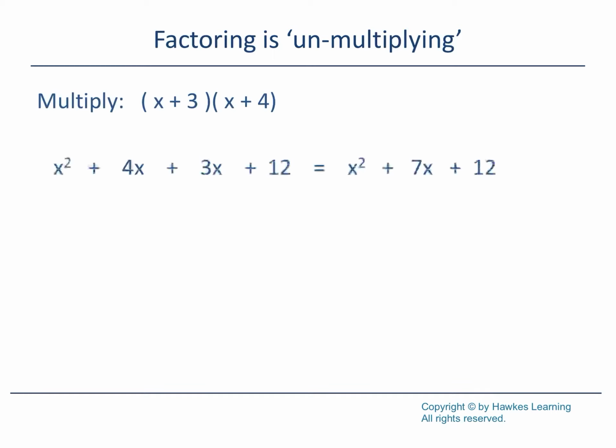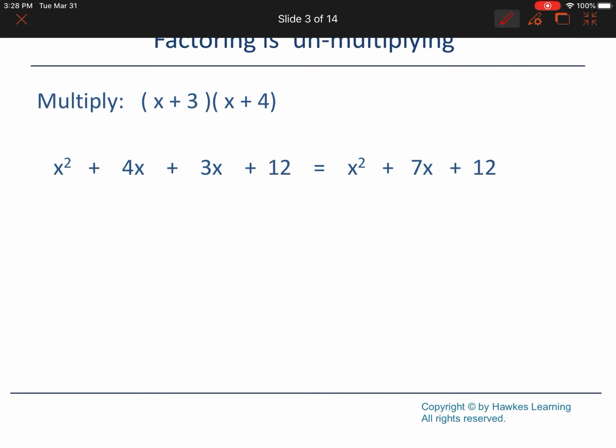If you multiply these two binomials together, here's what you get. This came from x squared. There's our x squared, and then we had a 4x, and then we had a 3x, and then we had a 12. But these two we added together to get like terms, and we got a 7x.